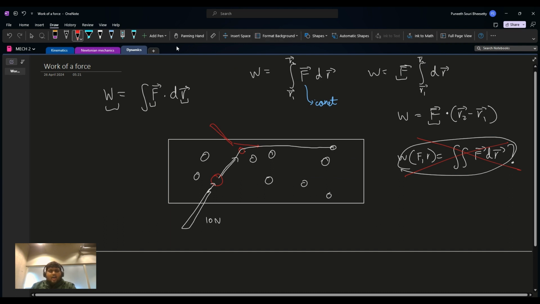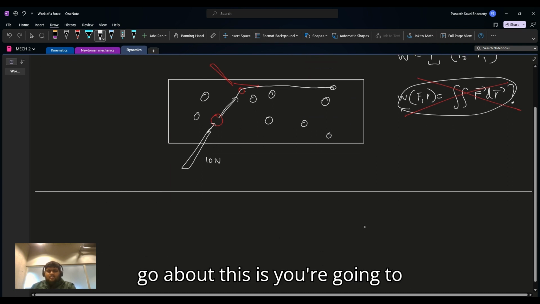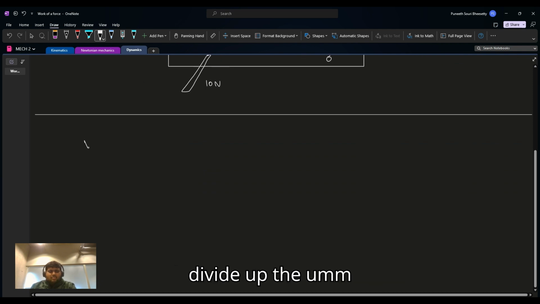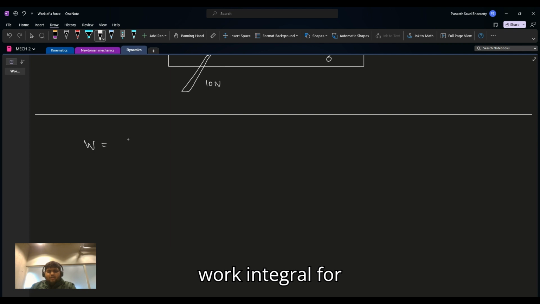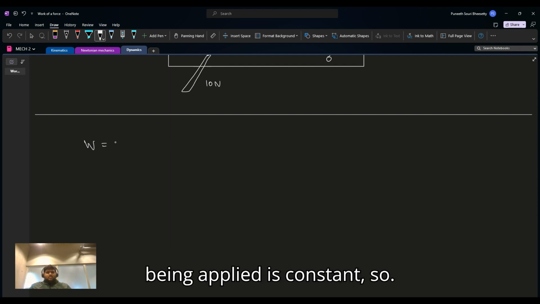The way you're most probably going to go about this is you're going to divide up the work integral by the position vector for which the force being applied is constant.